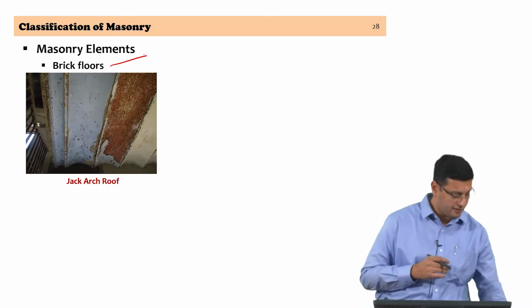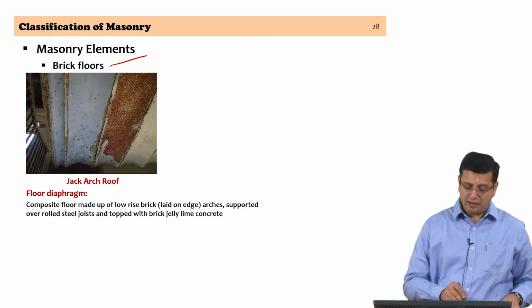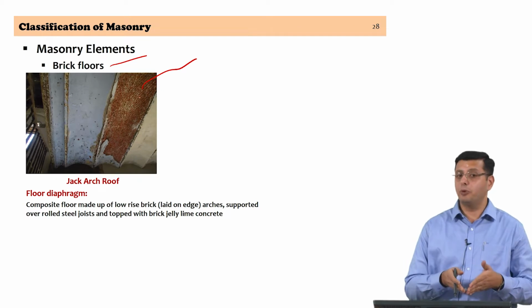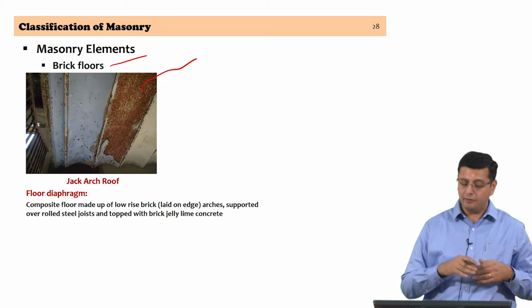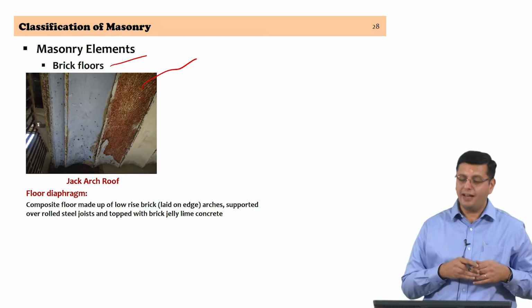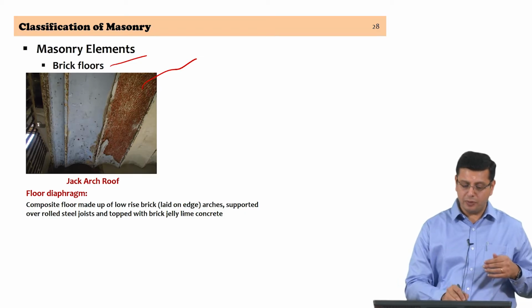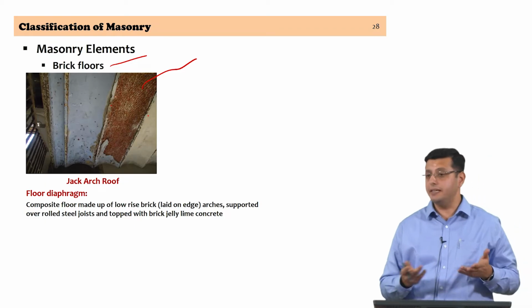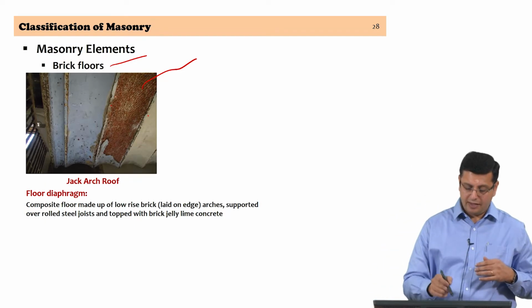In this particular case, what is done is you have a brick arch, which is what you see exposed here. The plaster layer has fallen off, and so you are able to see the brick construction, and this is in the form of an arch that spans between the two supports that you see. The supports are typically in steel, rolled steel joists are used.